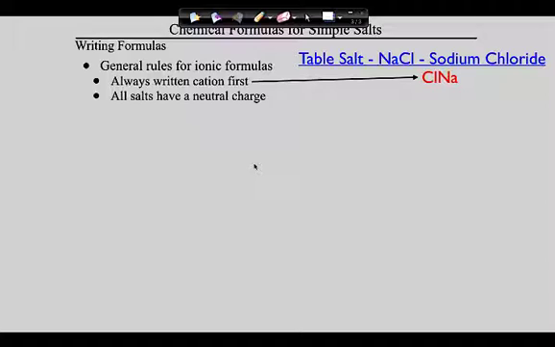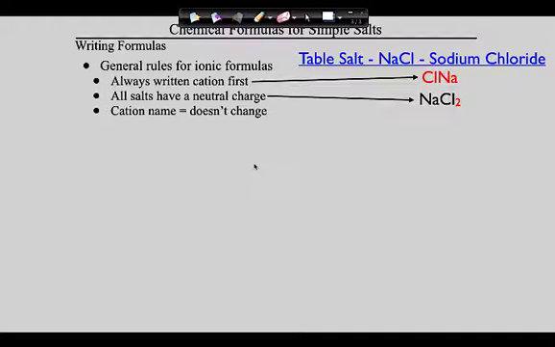How do I know you already knew that? Because you know that table salt is not NaCl2. That looks wrong. The reason that it looks wrong is sodium is +1 and chlorine is -1, and you only need one of each to cancel each other out. Okay? Rule number 3 is this. When you name salts, the name of the cation does not change.